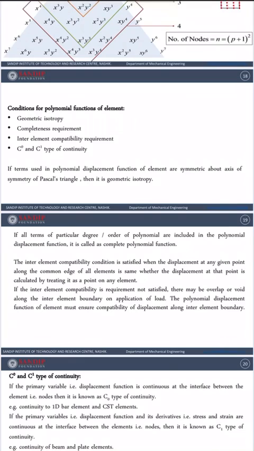The selected displacement function or polynomial shape function should be symmetric about the Pascal's triangle's symmetry axis. In this way you can get the exact solution by using these 4 criteria. So this is about the convergence criteria for the selected displacement function.